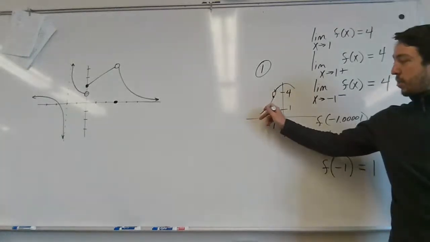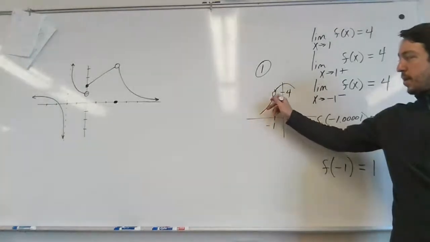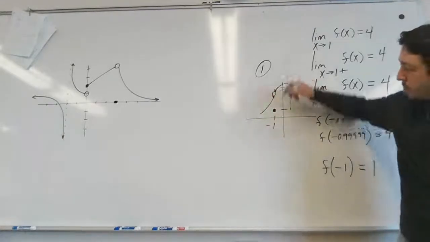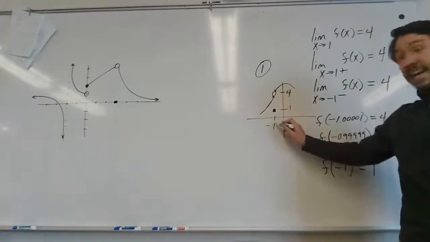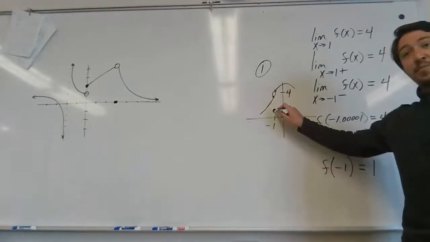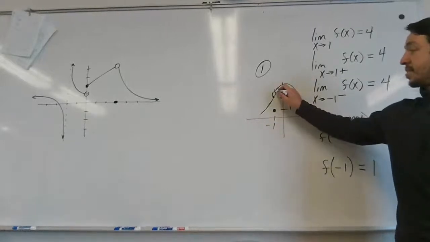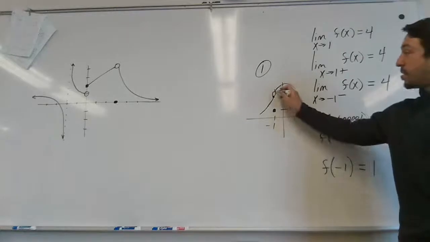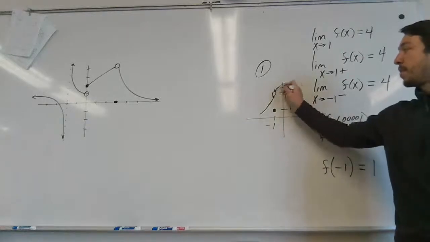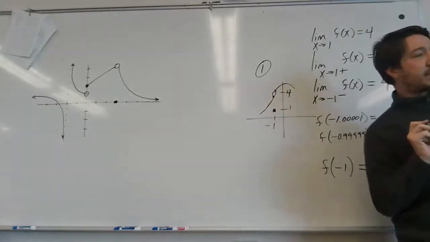As I move this direction, what are my x values getting really close to, guys? -1. But when I actually hit -1, I jump down and hit this point, and then I come back. And now if x is a little bit to the right of -1, I'm back up to this 4 value. How do we feel about that?